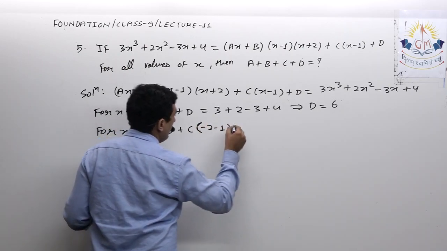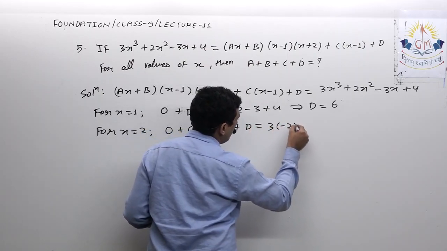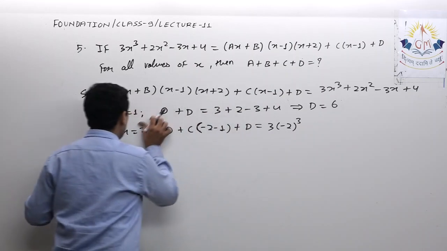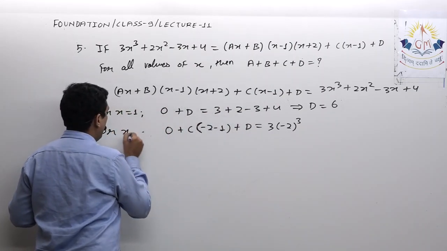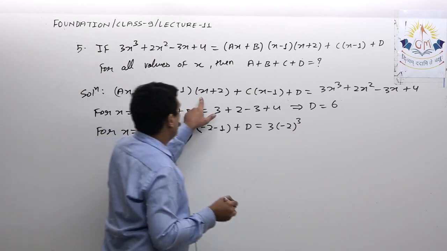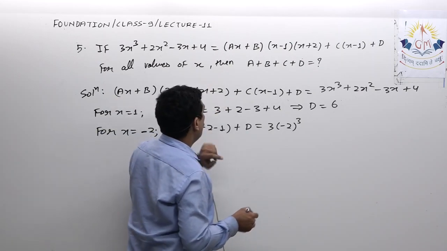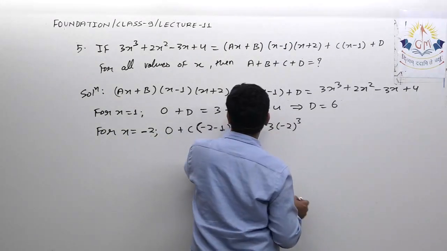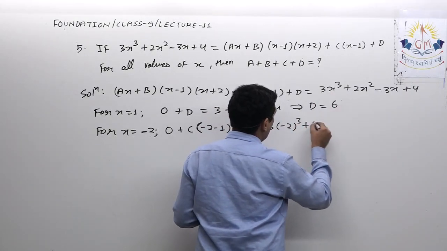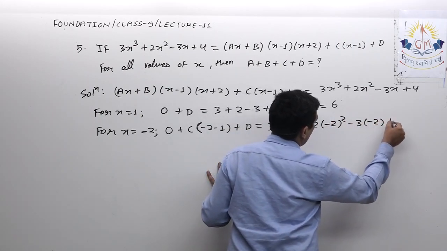So now for x equal to minus 2, I will write 0 plus c into minus 2 minus 1 plus d is equal to 3 into minus 2 cube. Okay, not 2, actually minus 2 for x equal to minus 2. This minus 2 will make it 0 and this complete term will be 0. So c into minus 2 minus 1, and on the right 3 into minus 2 cube plus 2 into minus 2 square minus 3 into minus 2 plus 4.